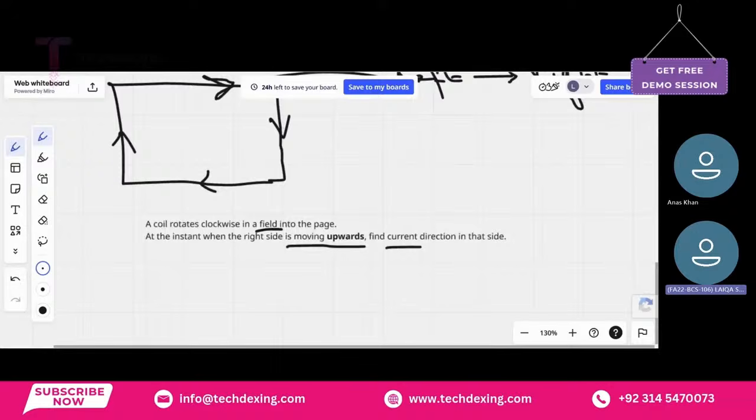Yes, it's Fleming's right hand rule, because we will use motion, not force. So according to Fleming's right hand rule, which finger will point in the direction of the field, which in the direction of the motion, and which finger points in the direction of the current?